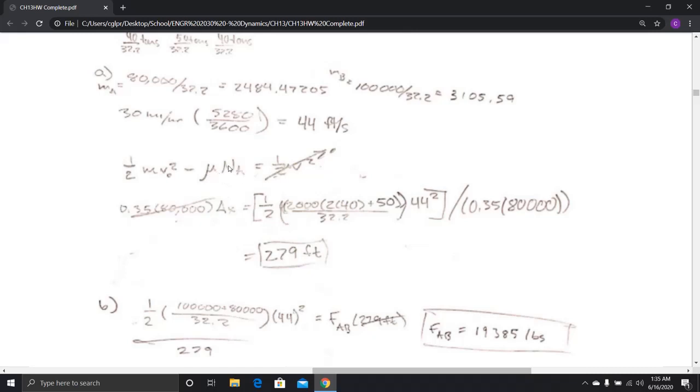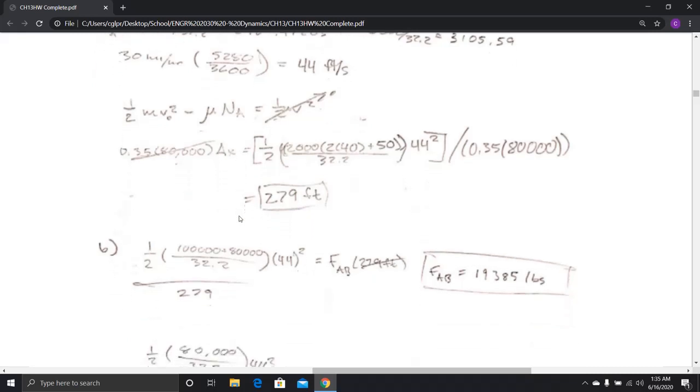Mu times the normal force, which is the weight of cart A, times the kinetic coefficient of friction, times delta x. I go ahead and isolate delta x, plug in the variables, and find out it's about 279 feet.